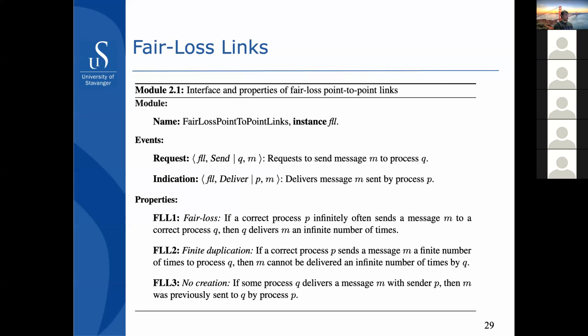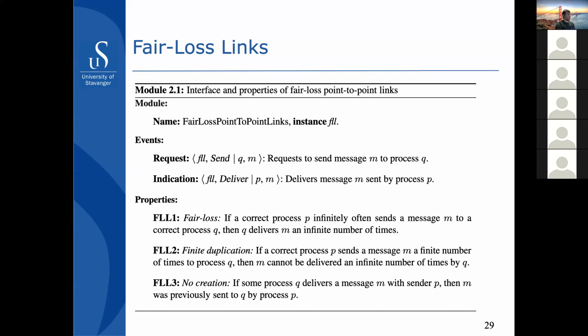First we have the fair-loss links, which are the lowest level communication abstraction that we will deal with in this course. Whenever you read a module description like this, it's important to see what type of events it handles.